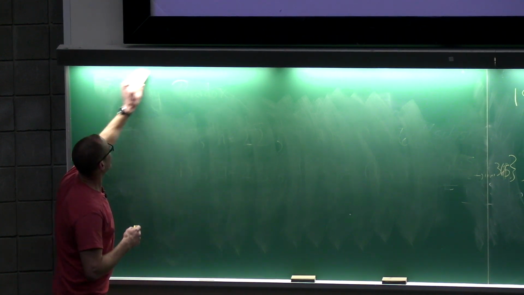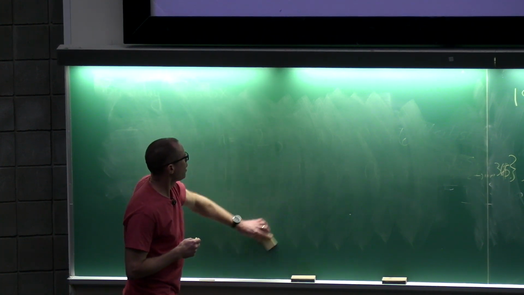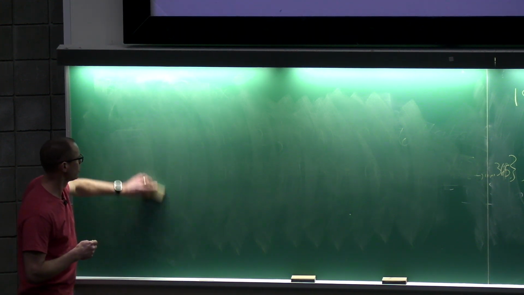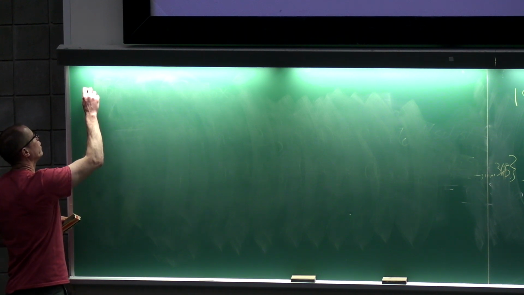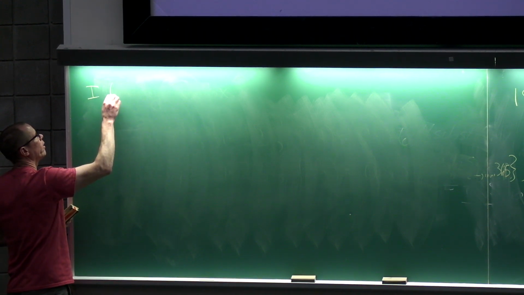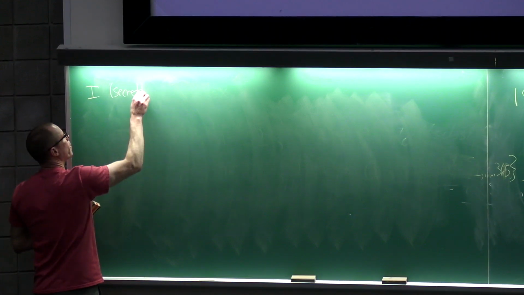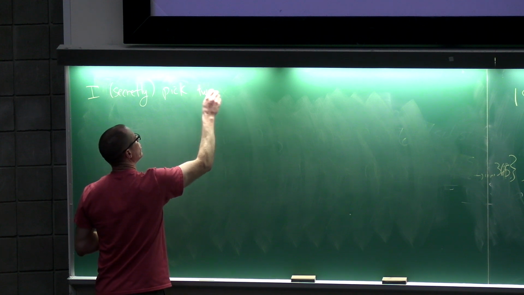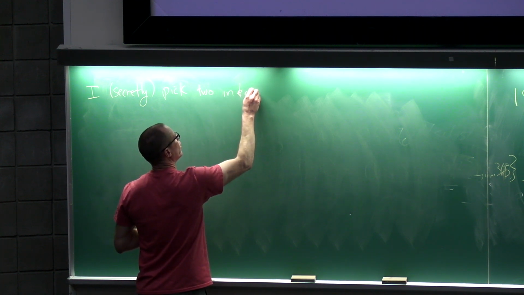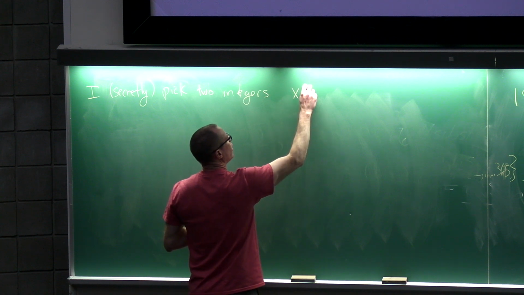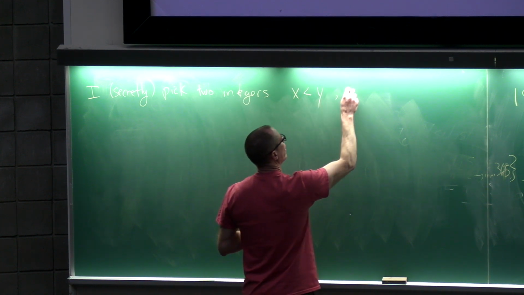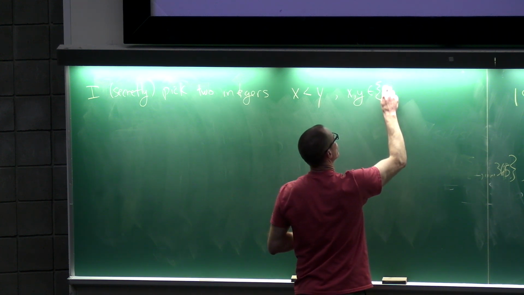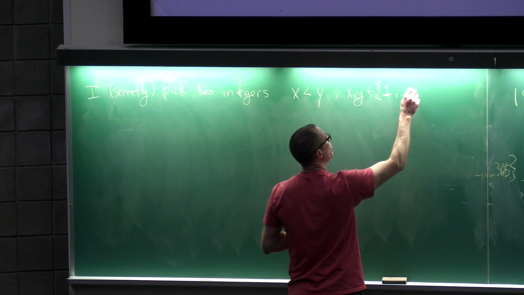Let's consider a game. And here's how the game works. I'm going to say secretly, pick 2 numbers, 2 integers, x less than y, and each of them is an integer in the range 1 up to 100.